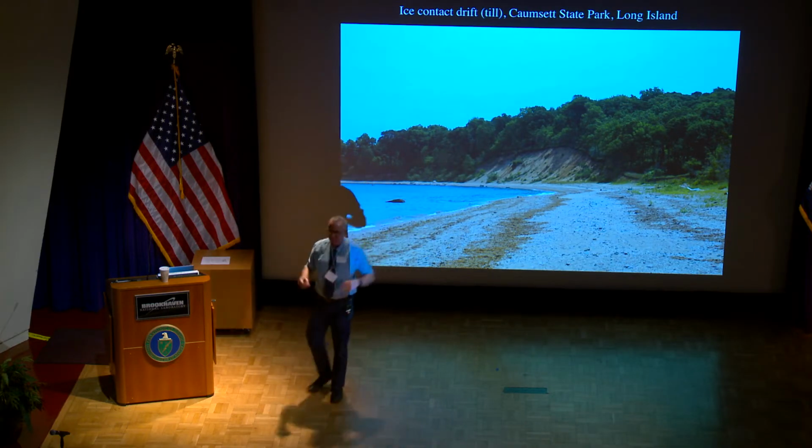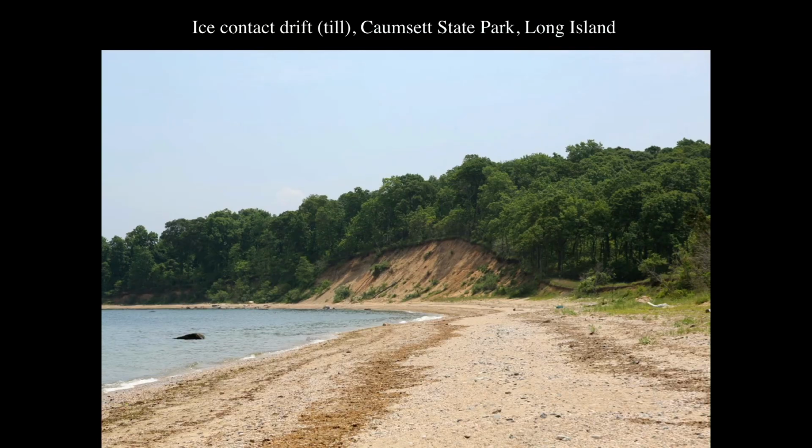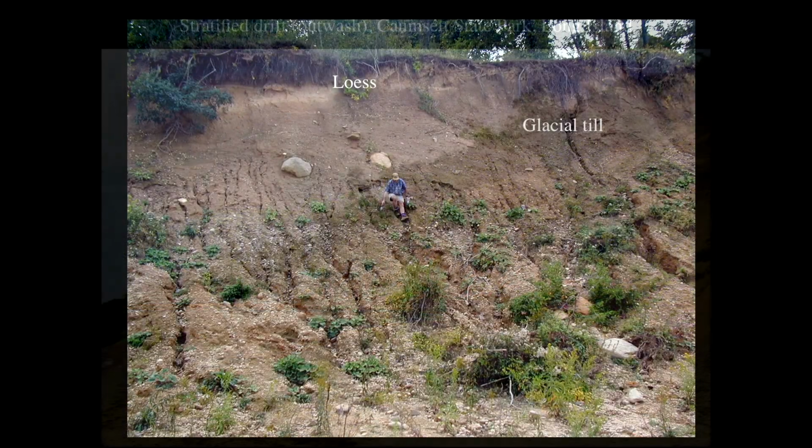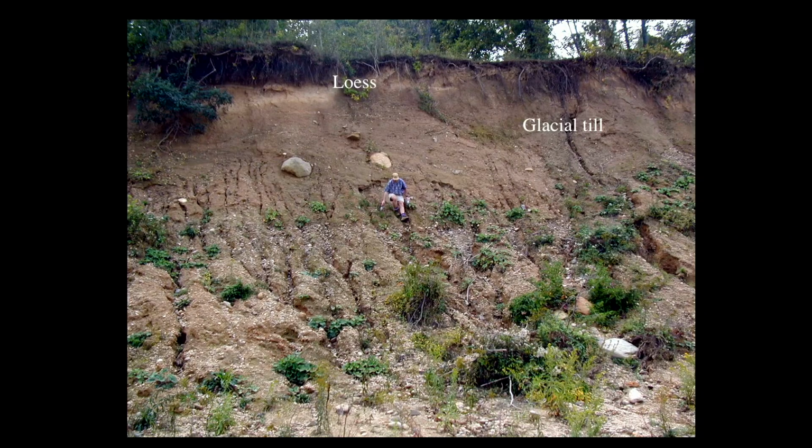It's a massive deposit of material that has a wide variety of different particle sizes. Everything from big boulders, glacial erratics, to gravel, cobbles, pebbles, sand, silt, and clay. So it's very, very unsorted. It's just a jumble of all particle sizes.